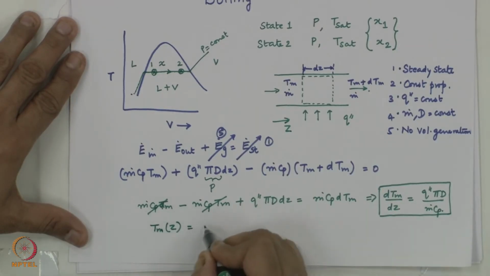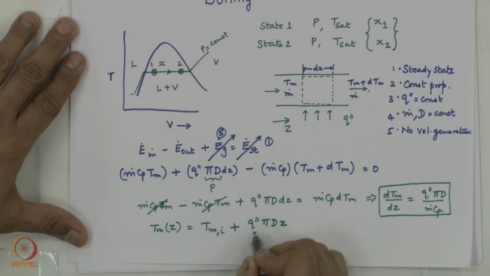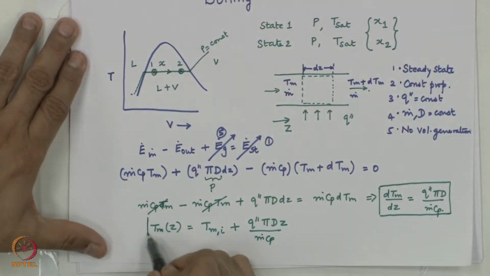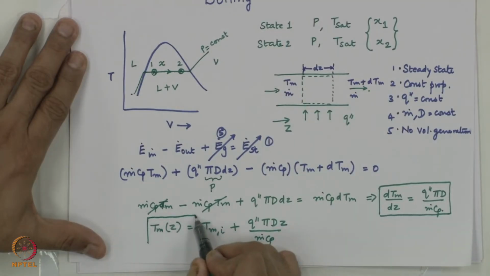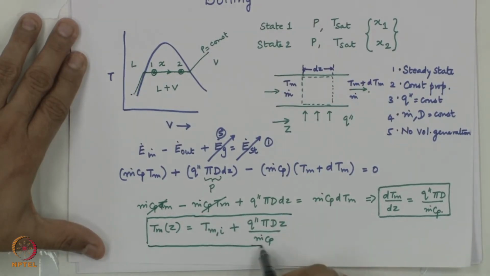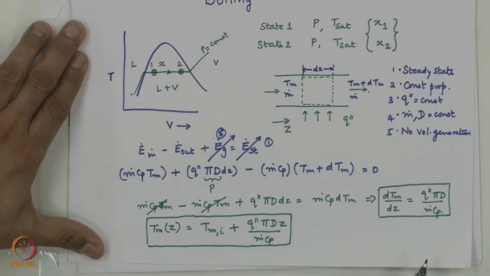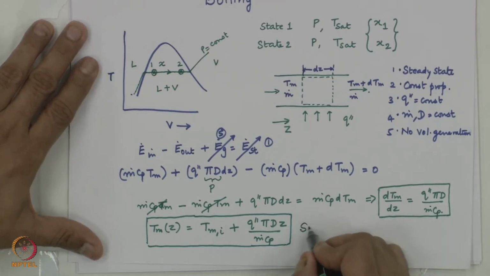Temperature at any z is going to be temperature at inlet plus q double prime pi d z over m dot Cp. It is a very simple but powerful equation. This is already done in single phase heat transfer, where bulk mean temperature distribution was obtained in internal flows. This is for single phase.